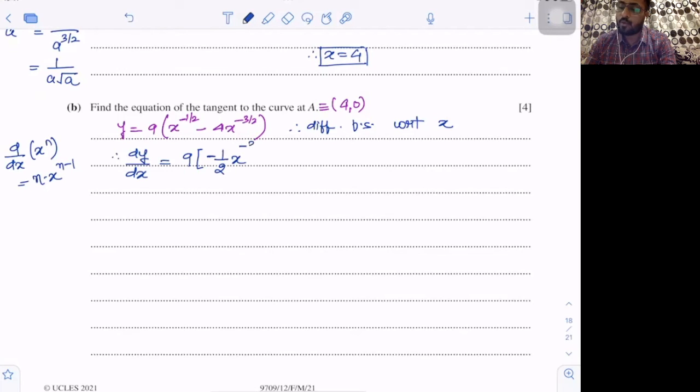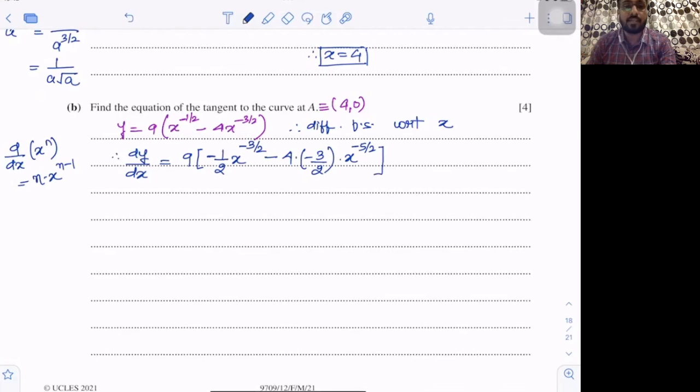Minus 1 upon 2 minus 1 is minus 3 upon 2. Minus 4 times x raised to minus 3 upon 2 is again like x raised to n. So minus 3 upon 2, x raised to minus 3 upon 2 minus 1. That gives you minus 5 upon 2, and bracket close.